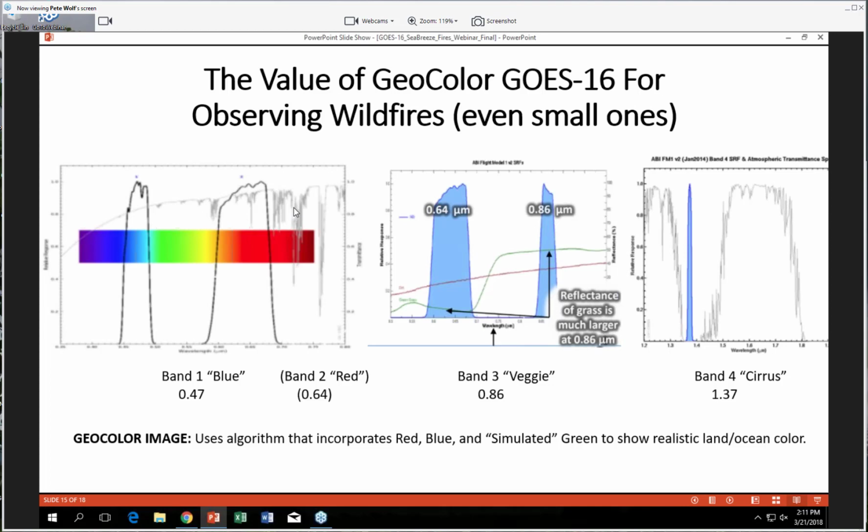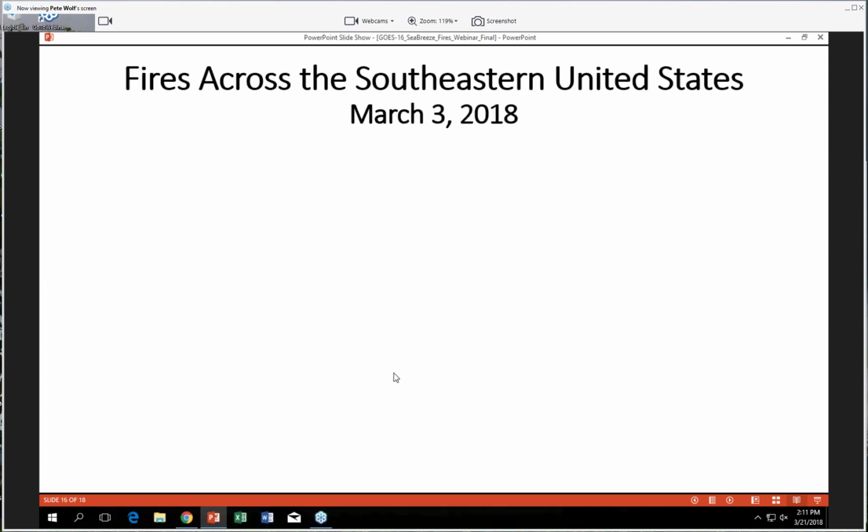For example, in the visible range, band 2 has the higher horizontal resolution, yet other bands, such as band 1, despite lower resolution, might be better for features such as aerosols, dust, and smoke. So even though band 2 has higher horizontal resolution, it may be slightly better to see smoke plumes using band 1, or, as I'm going to show you here, using the GeoColor display.